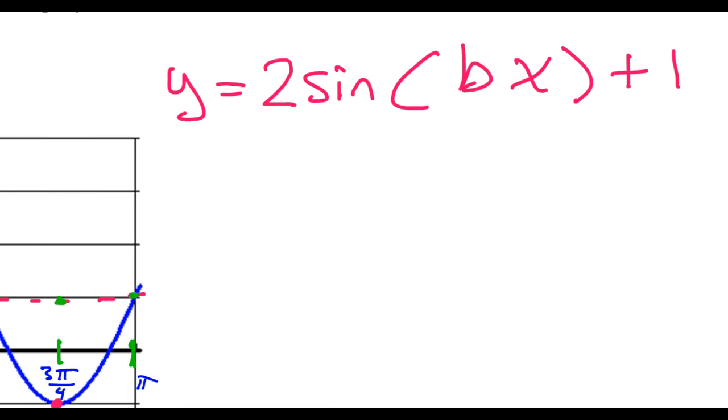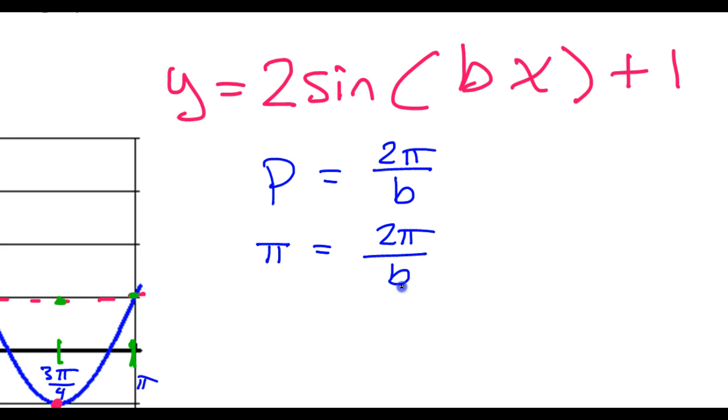The period is pi. We have our little formula: the period is 2 pi divided by the b value. Now that I know the period is pi, that means pi is equal to 2 pi over the b value. I can swap these to get the b value. So the b value is 2 pi divided by pi.